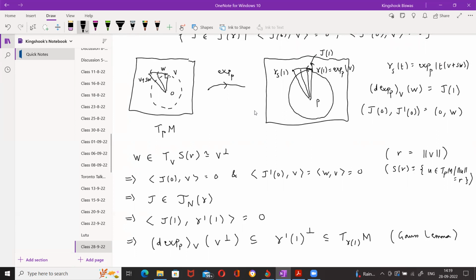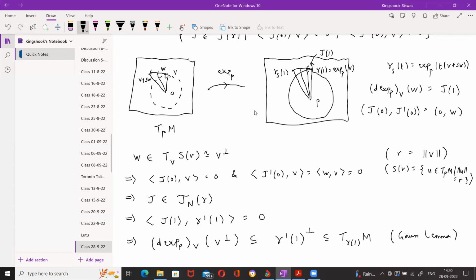So all this is saying is that the Gauss lemma will tell us that this gamma prime 1 perp is the tangent space to the geodesic sphere.